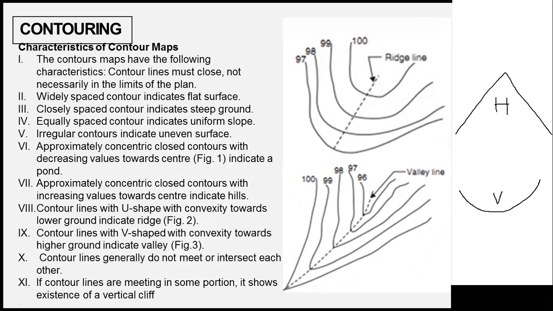This is one more characteristic, and you may get a multiple choice question based on this point. Why will they never intersect? Because they represent different elevations. Two elevations cannot intersect each other, therefore two contour lines can never intersect each other.